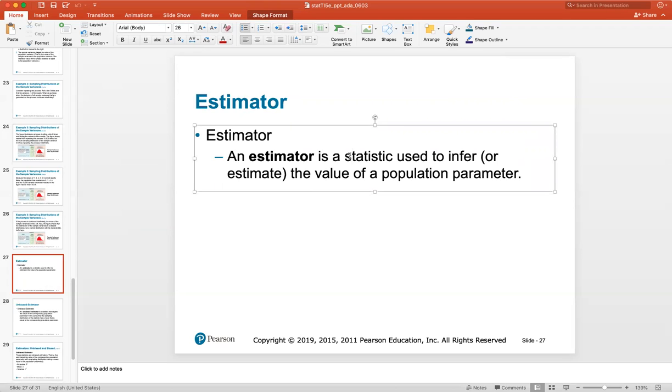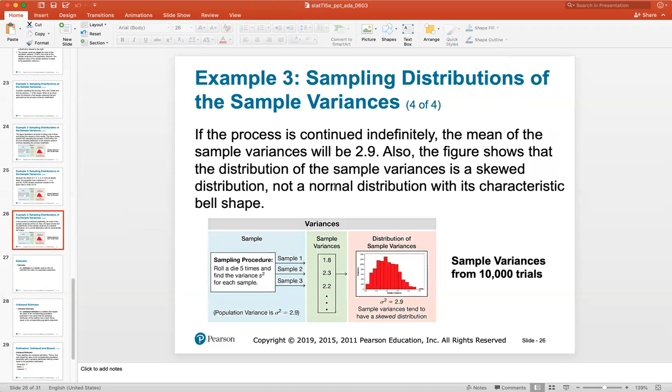Normally it's not possible, or it's really expensive, to figure out population parameters, so we use a sample to approximate the population parameter. That value is called the estimator. For example, the mean of sample variances can be used as the estimator of population variance.